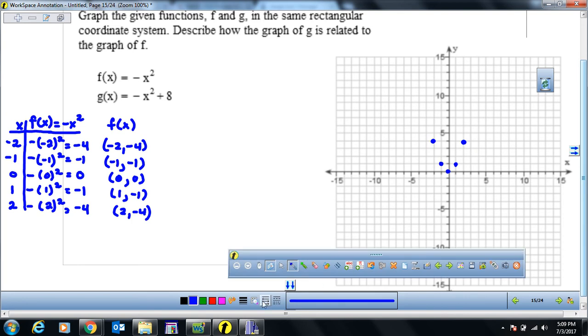Anytime we have a function that has x to the second power, that function is going to create the shape of what we call a parabola, or a U shape. That's what the function x squared is going to create, a U shape.